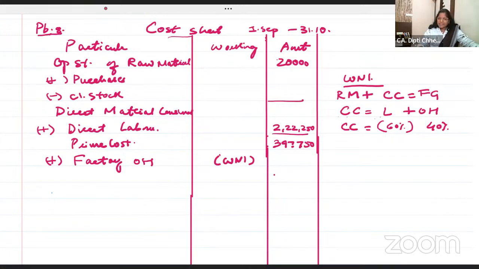So I'm writing CC. Better you write conversion cost for once. नहीं तो बाद में मैम CC क्या था? So 40% of the conversion cost is overhead. So can I say 60% is labor? Now labor for 60% is given ready to you.